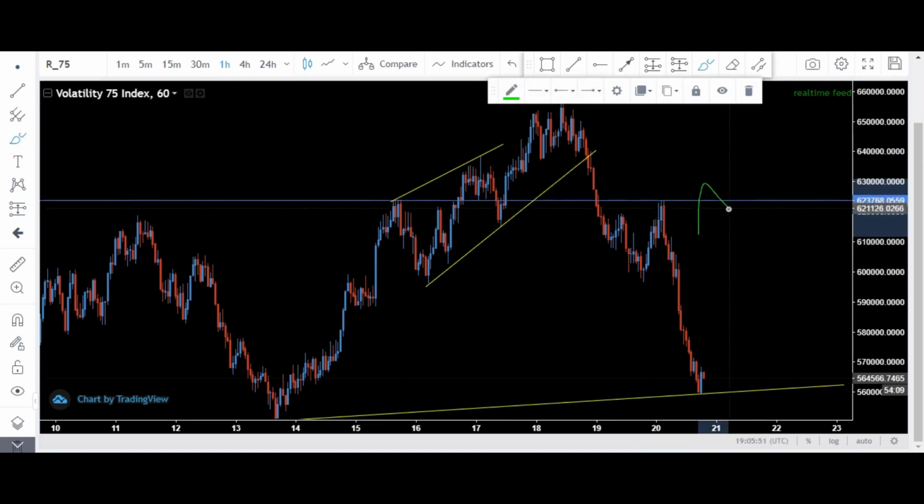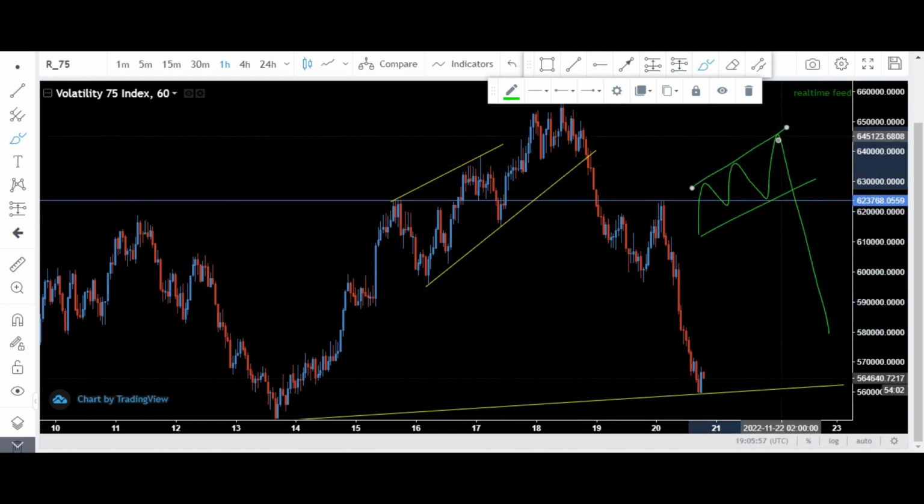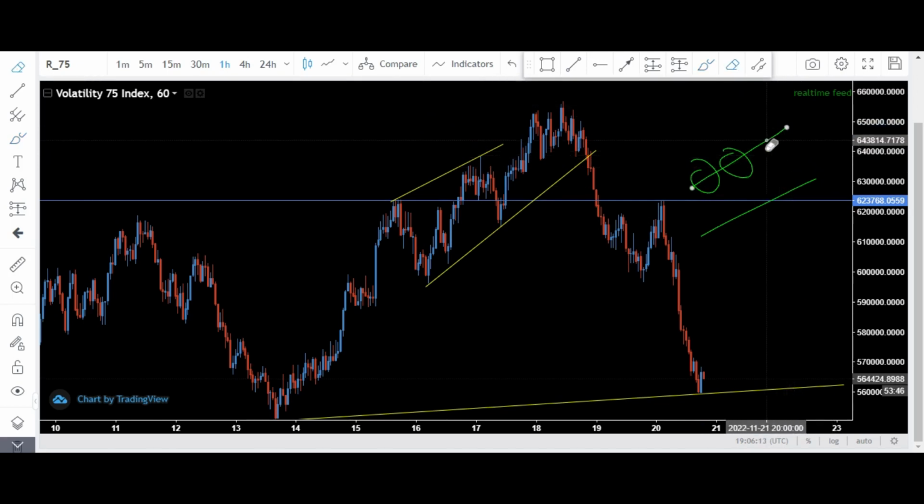What I was looking for was this pattern over here, this kind of ascending pattern with 3 points. Sometimes it plays out with 2 points, but I was looking for a 3 point multi-touch confirmation on this pair. Then I knew that from there we were going to be going fully to the downside. And you can see what happened.